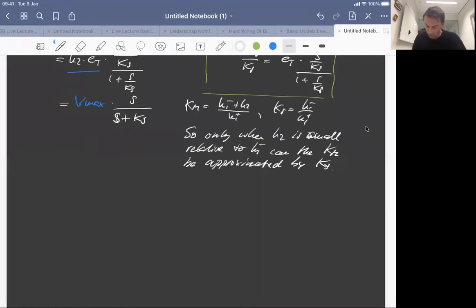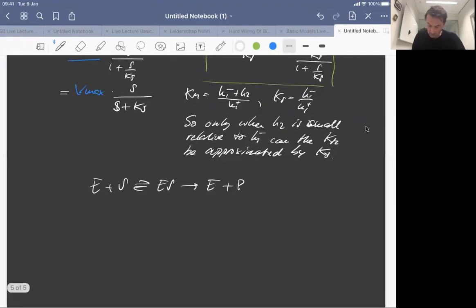So now we conclude that if we have this mechanism, and we take the enzyme perspective, then in the quasi-steady state approximation we arrive at the Michaelis-Menten equation.